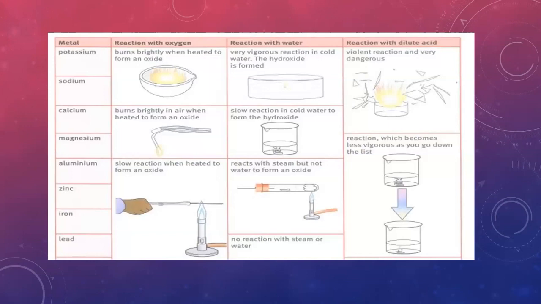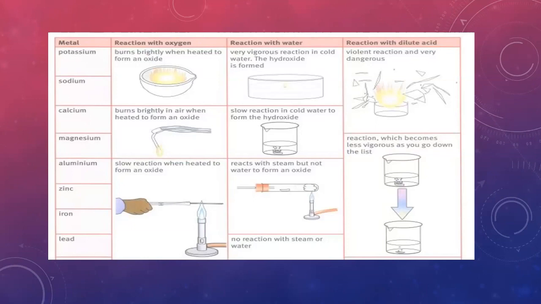When potassium or sodium react with water, the reaction is very vigorous, and the result is potassium hydroxide and hydrogen gas is evolved. Like when sodium reacts with water, sodium hydroxide is formed and hydrogen gas is evolved. Do you understand that? Yes.